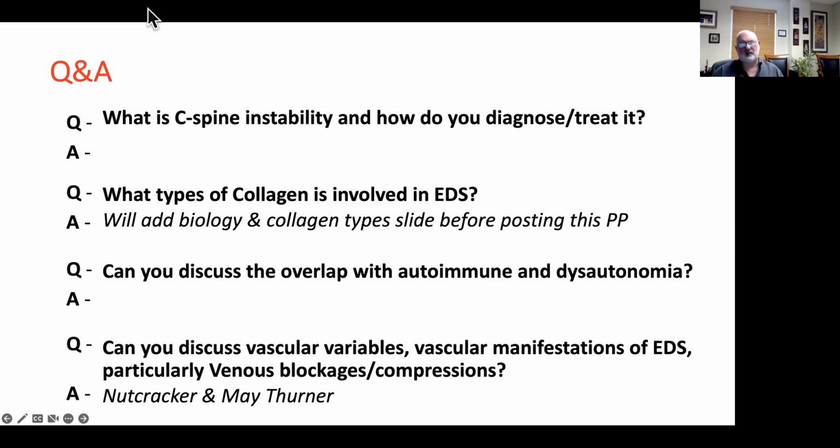Usually you'll end up having to go to a neurosurgeon to get that treated. A lot of people have to have fusions to treat it. Physical therapy would, of course, be the first line of treatment.